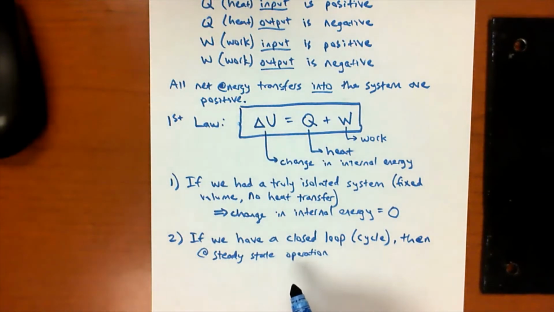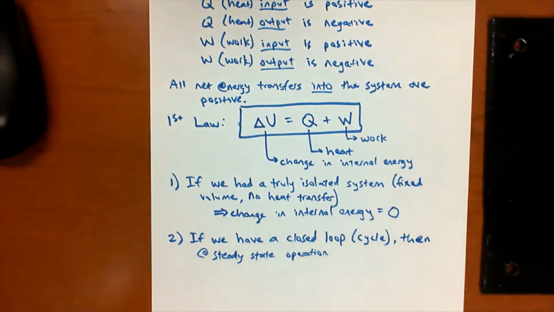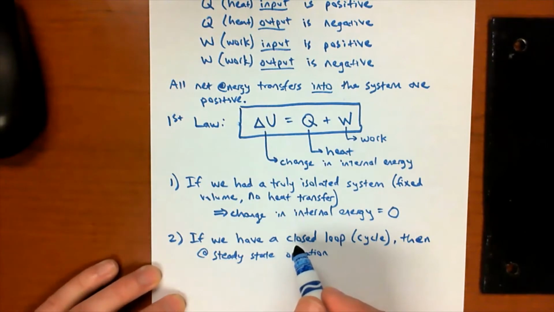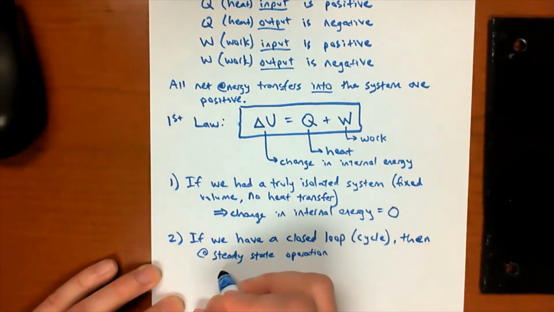So I mentioned in the past that it takes a while when you're first starting operation of a steam system, like any kind of steam cycle, it takes a while to warm up the whole system. But then once it's in steady state operation, then you're not changing the average temperature of all the H2O molecules in the system. All right, clear enough. So when we're at steady state, then delta U equals 0.